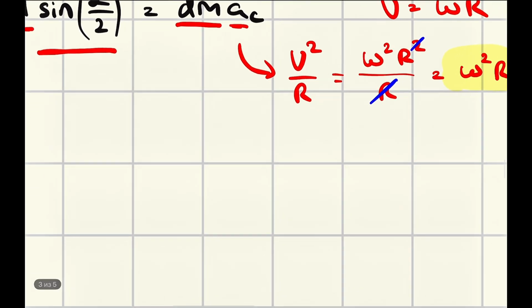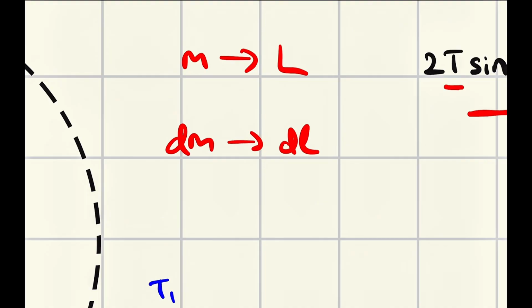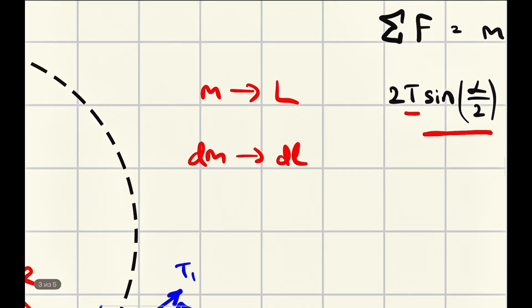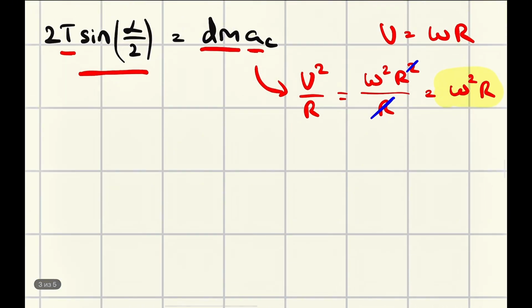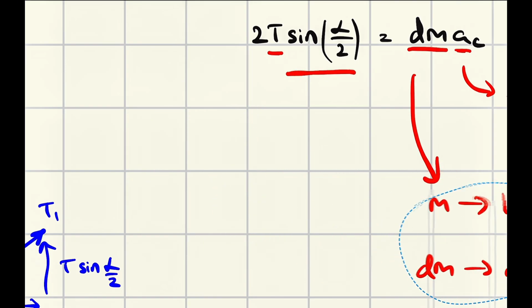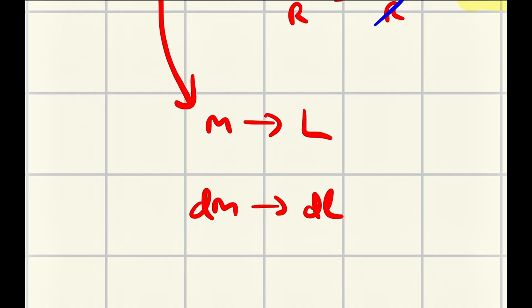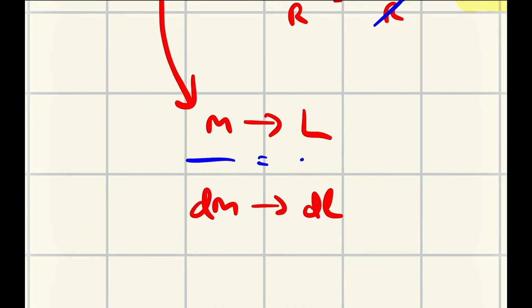What is the meaning of dm? As you can see here, we have mass, which is responsible for the entire length of the band, and we have a small mass, which is responsible for just a small part. We definitely know that the proportionality between these two things would be equal to the proportionality between these two things.